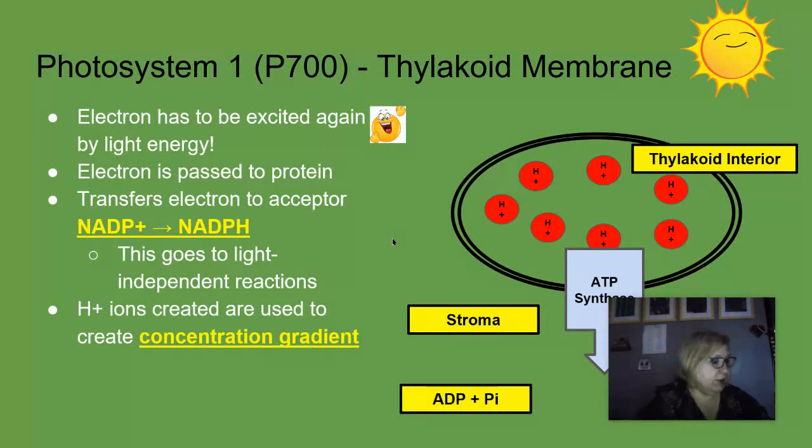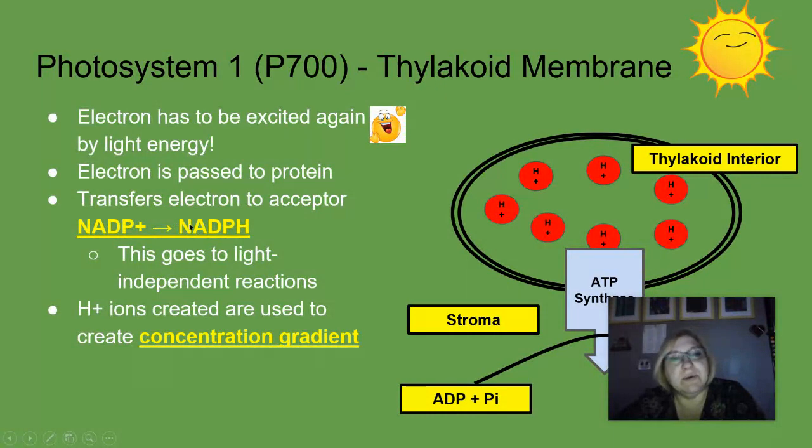And I will tell you how to pronounce that, but I'm double checking myself. So it is nicotinamide adenine dinucleotide phosphate, and sometimes it's in this form, which is nicotinamide adenine dinucleotide phosphate hydrogen. That is this chemical right here. And this happens with the light independent reaction.